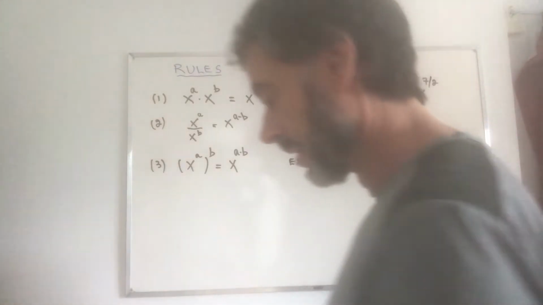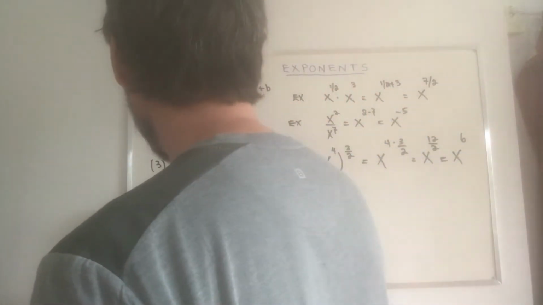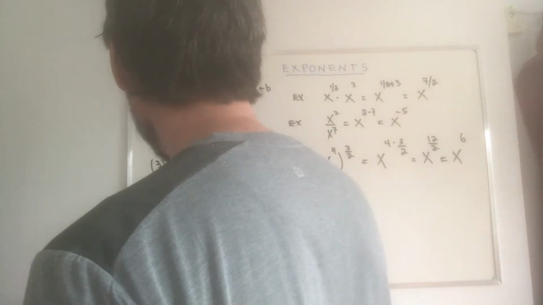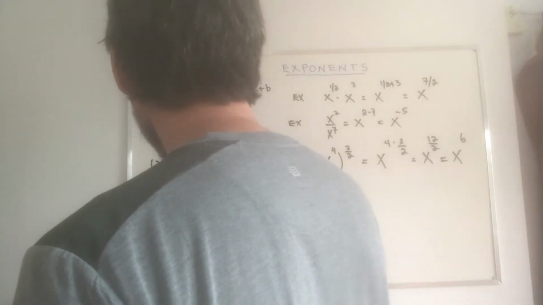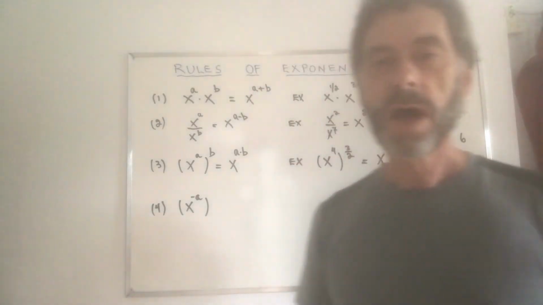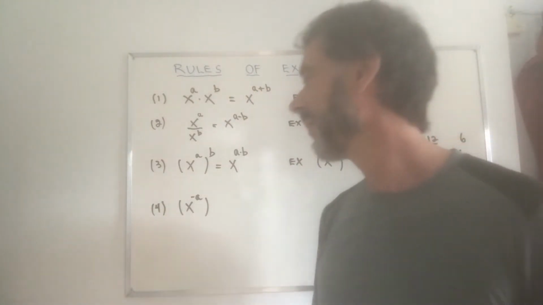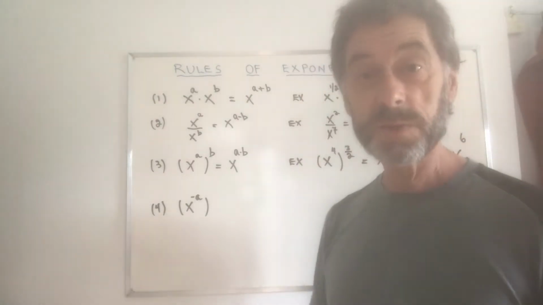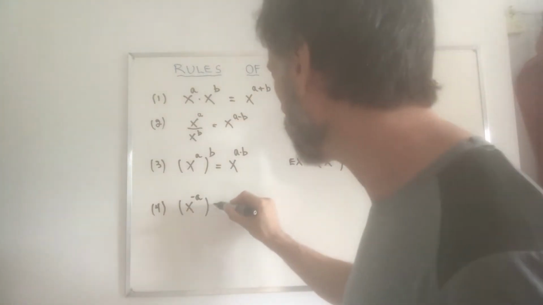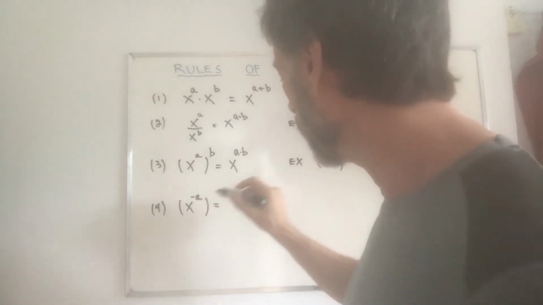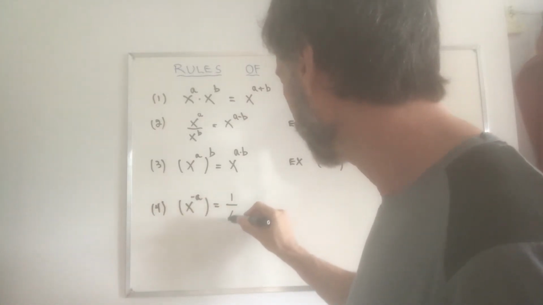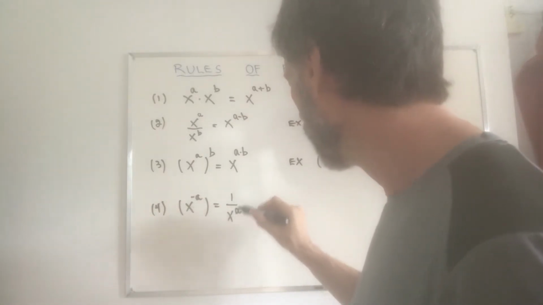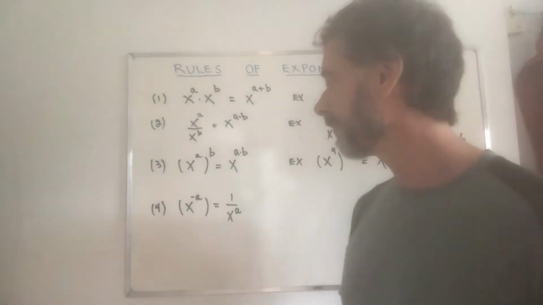Bien sûr. Fourth rule. Those negative exponents, we're going to meet them plenty, both in calculus and in pre-cal. I don't really need a bracket there, but I've put one there, so I'll keep it. X to the minus a, a negative exponent. We've met this often in high school. If you have a negative exponent like this, you can write it as 1 over x to the positive a.